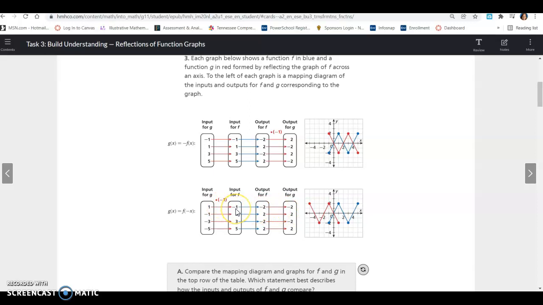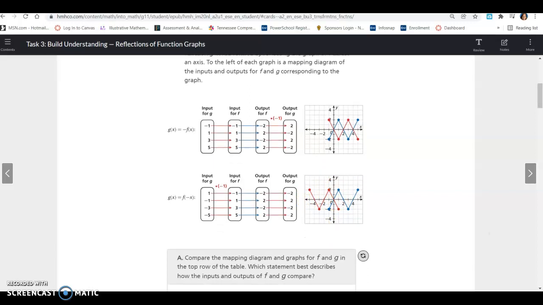So f times negative 1 equals g. Alright, and you can see in this case, this point goes to here, this point goes to here, this point goes to here, and this point goes to here. So this time it reflects across the y-axis.